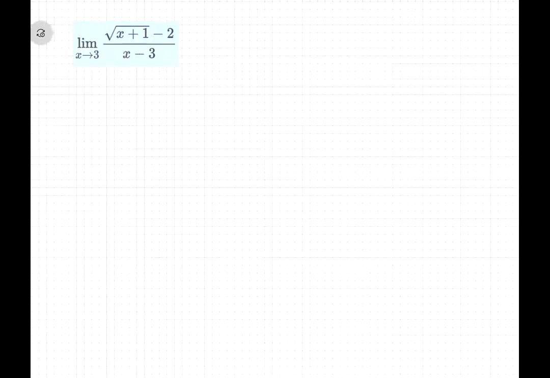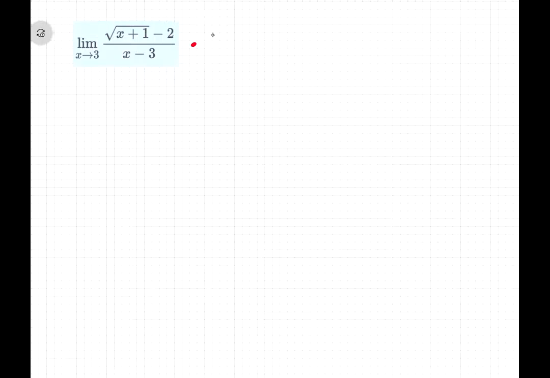So another common approach, when you have a binomial, especially a binomial with a radical, you could try multiplying by the conjugate. And it's not always the numerator, we can multiply by the conjugate of the expression that contains the radical.